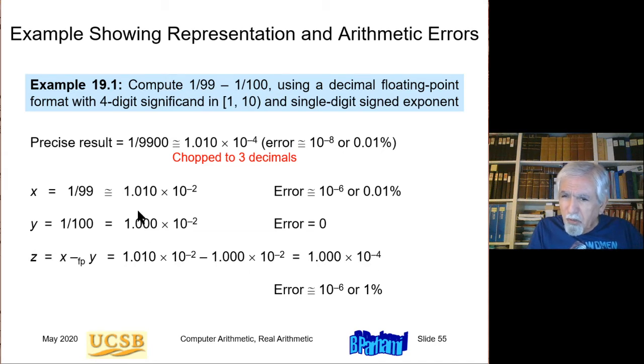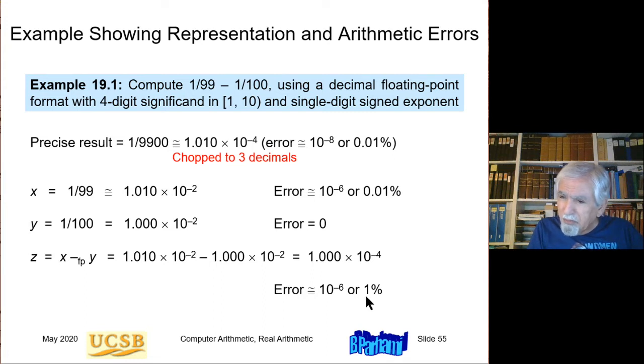So the floating point representations of x and y were obtained, and floating point subtraction was performed, and we got this result, 1 times 10 to the minus 4. The error in this value is 10 to the minus 6, roughly 1%.